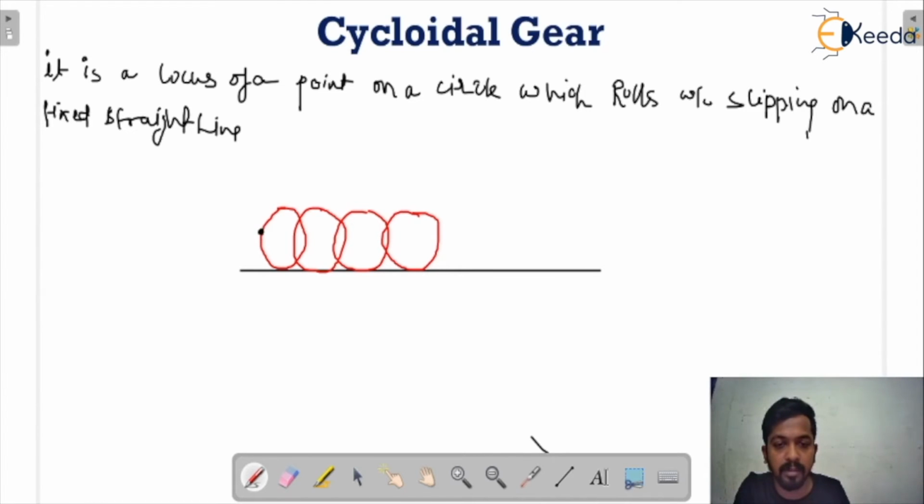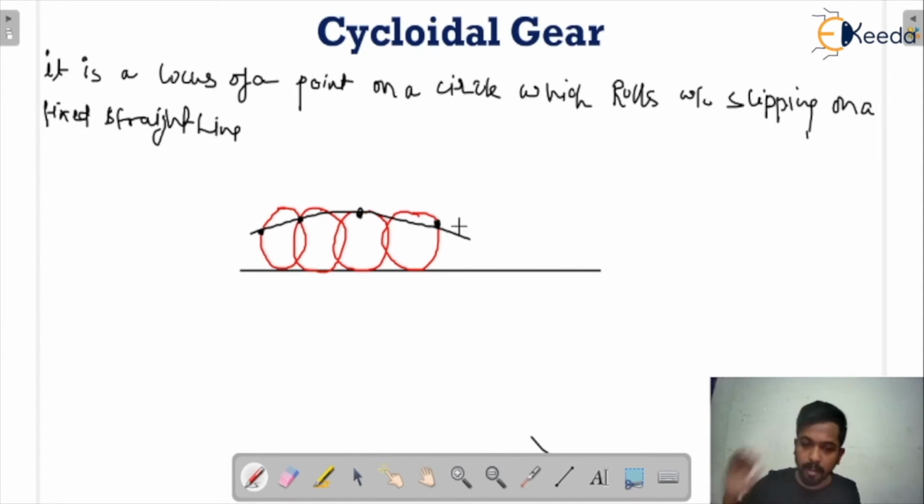That means if there is a point here, then it would be here, and then here. When you join them together, you will get the cycloidal profile of the gear.